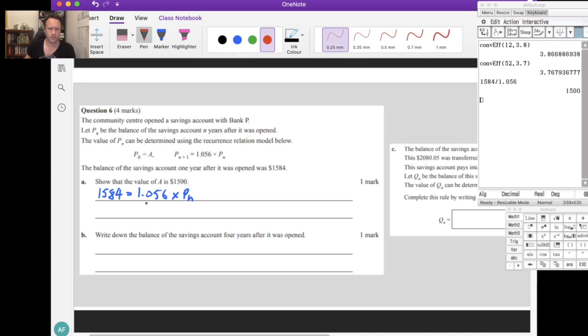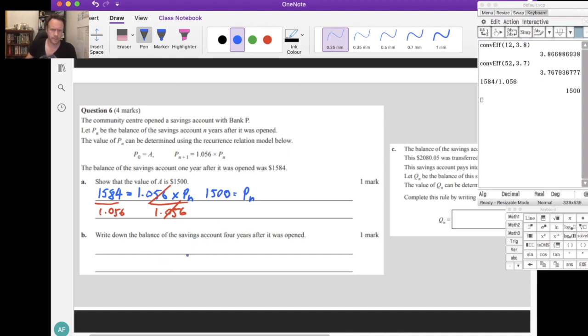Better write that in for good measure. 1.056 over 1.056, so they cancel each other out, and when we divide that we get 1500 is equal to Pn, which, if that was going to be P0 originally, that's what it would be.